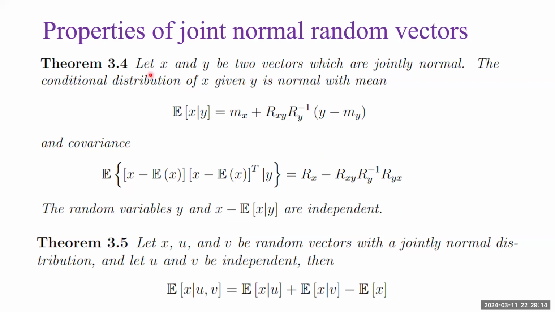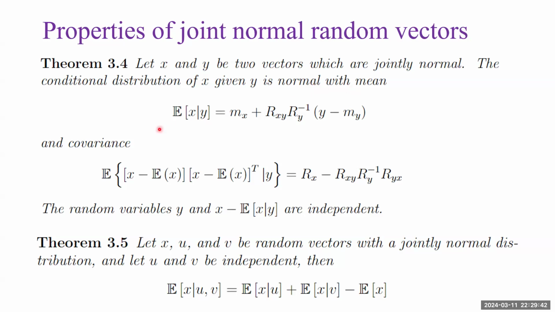The next theorem, theorem 3.4, is stated like this. Let x and y be two vectors which are jointly normal or jointly Gaussian. The conditional distribution of x given y is normal. If two vectors are jointly normal, then the conditional distribution is also Gaussian.